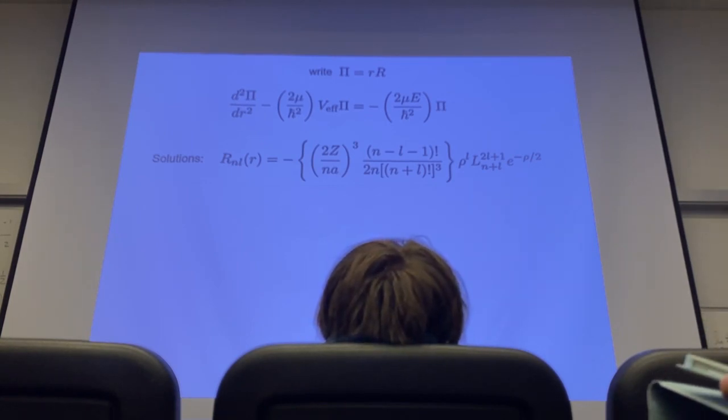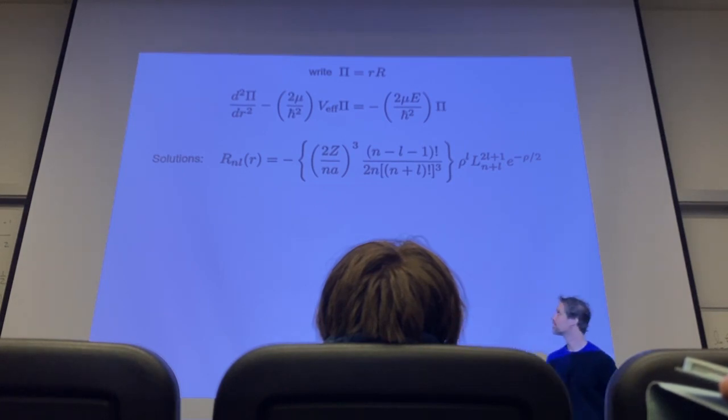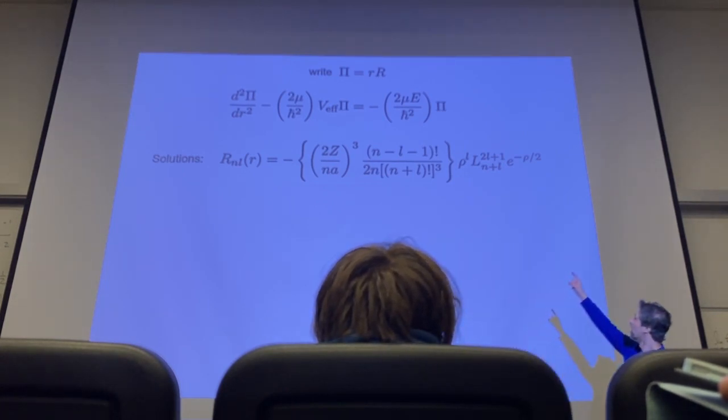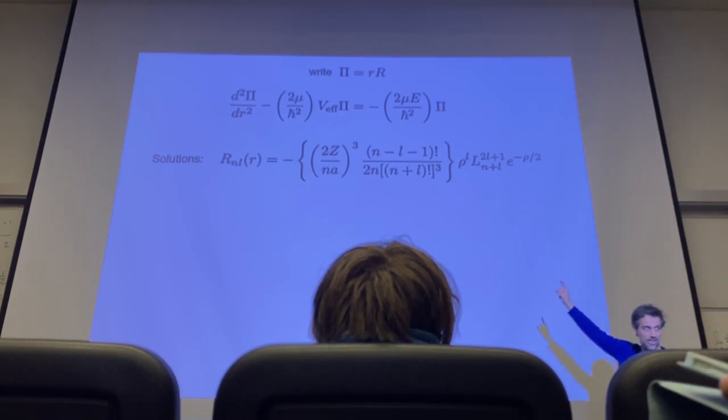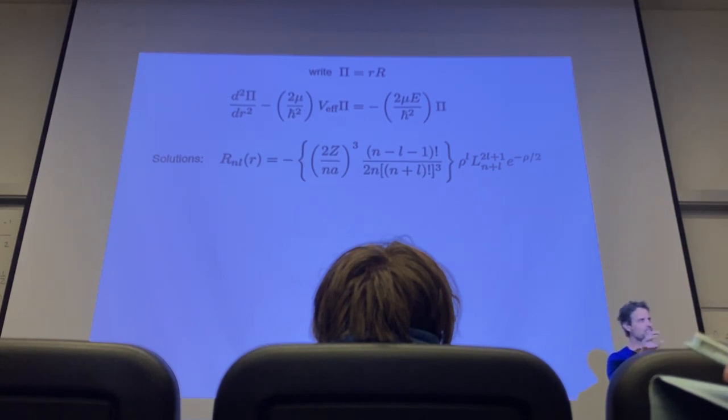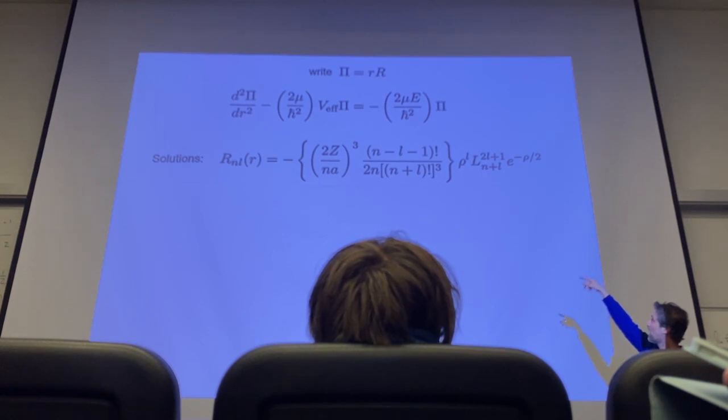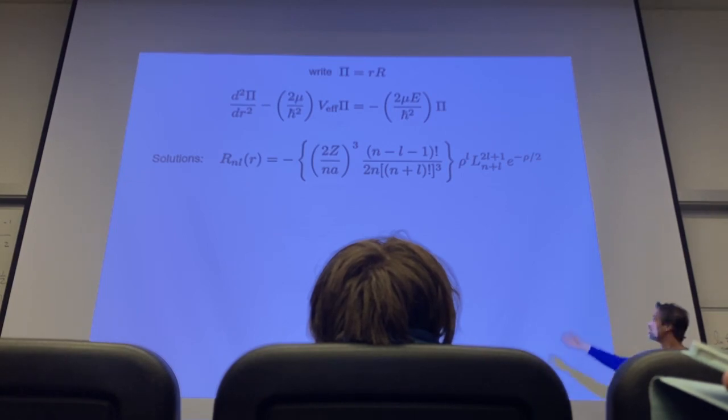Let's look at this. It has 3 ingredients. First, rho. I don't know what that is yet. I'm going to determine that in 2 seconds. It's going to be directly proportional to r. It's r times some constant. Times rho to the power l, which is rho to the power of the angular momentum quantum number.